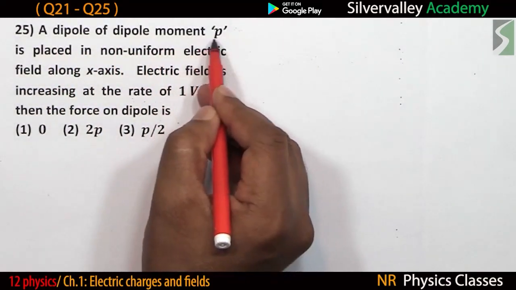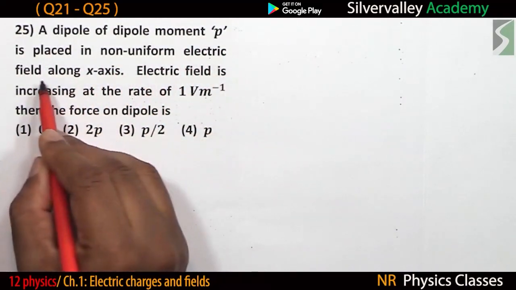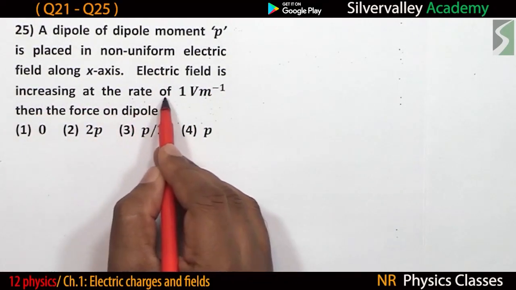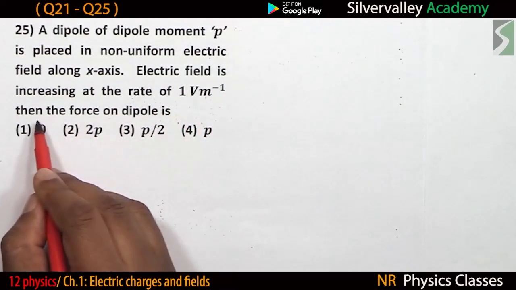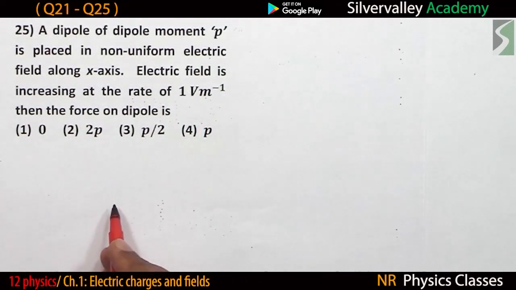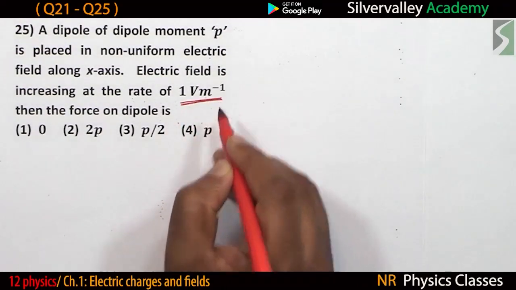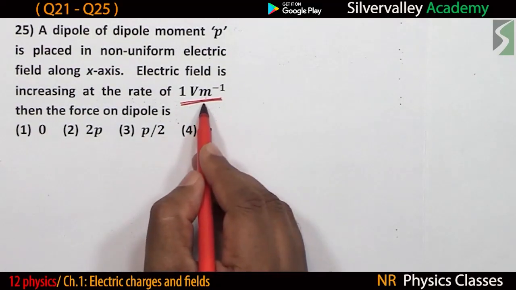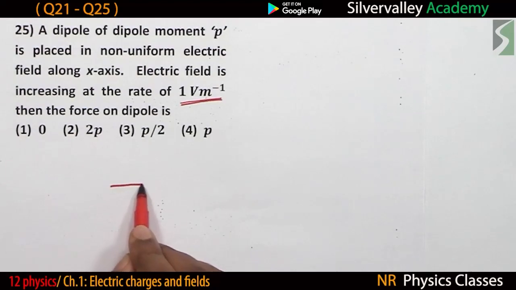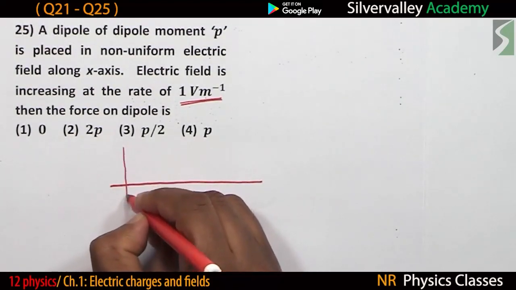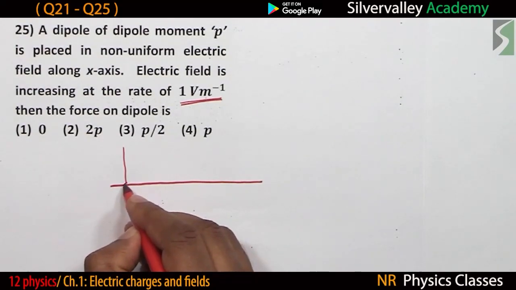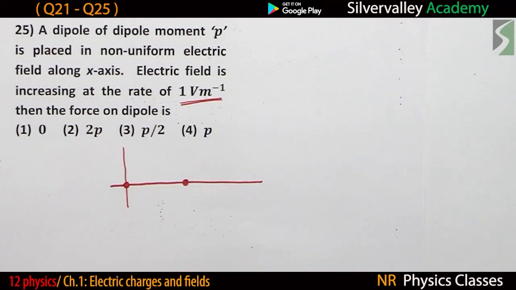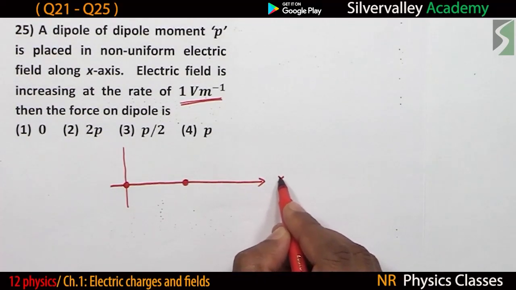A dipole of dipole moment P is placed in a non-uniform electric field along the x-axis. Electric field is increasing at the rate of 1 volt per meter. Then the force on the dipole is. So electric field is changing at this rate. To understand this, x-axis, y-axis, let me keep two charges on the x-axis.